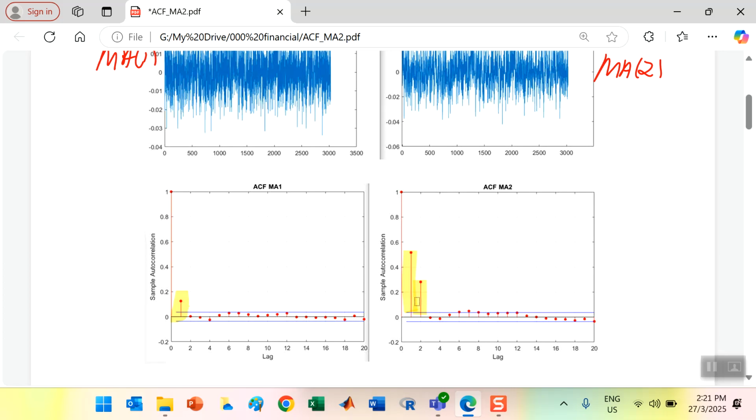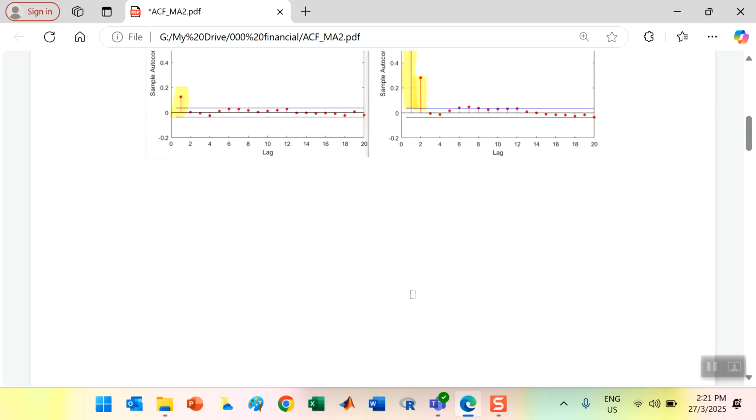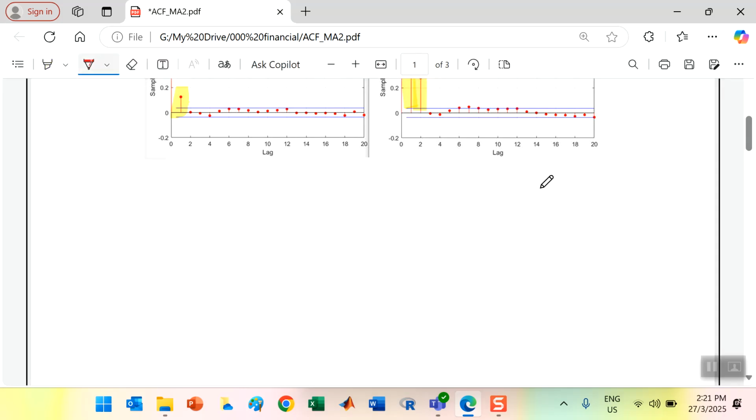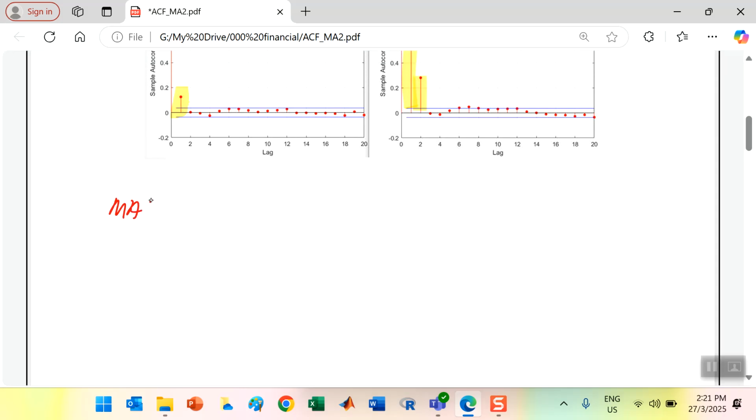So in this session, we're going to look at the MA2 models and why there are only two significant spikes. Theoretically, we can show this. We just use the model specification. You have an MA2 model, which can be written in this particular form.